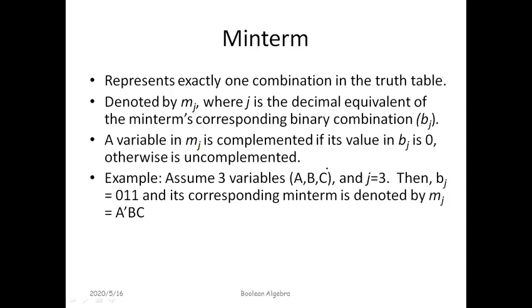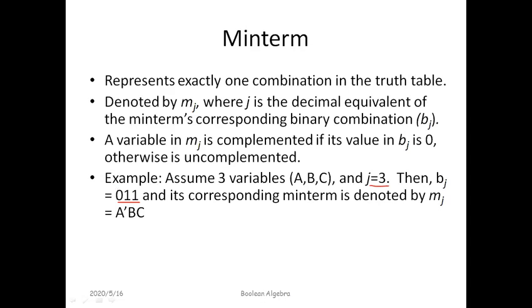So j, we said, is the decimal equivalent of the min term's corresponding binary combination. In this case, this j equals 3, which is equivalent to 0, 1, 1. So the corresponding min term for this input combination, 0, 1, 1, is denoted as A bar BC. Why do we put a bar?